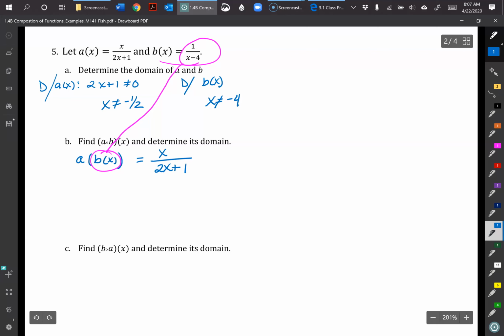We're going to take that 1 over x minus 4 and plug it in. If I rewrite this like so, with 1 over x minus 4 inside there, that might look similar to your algebra of functions that you were working with earlier.